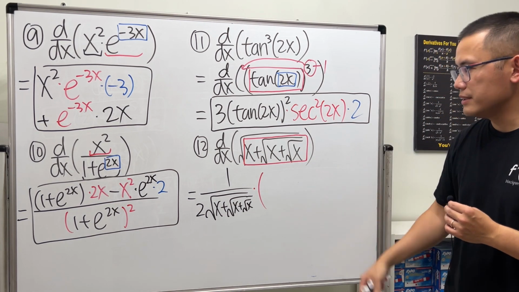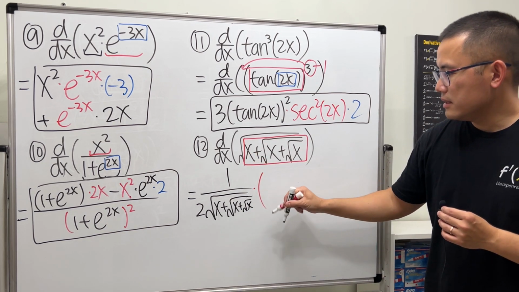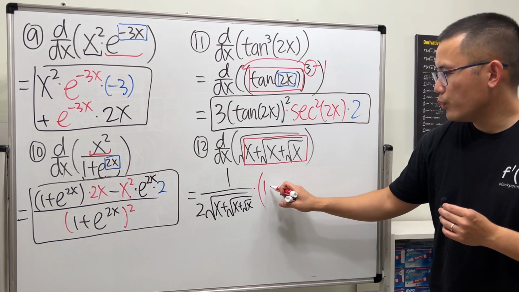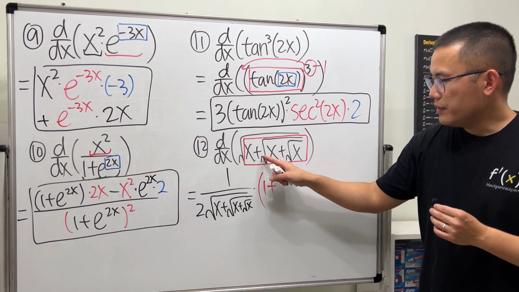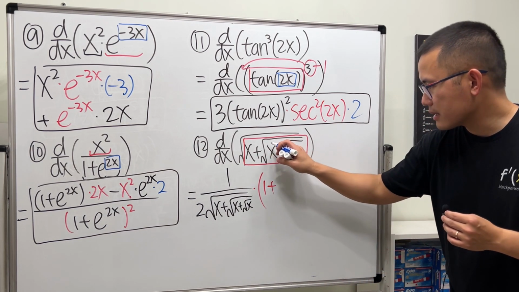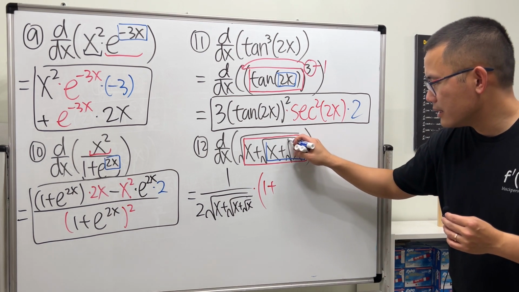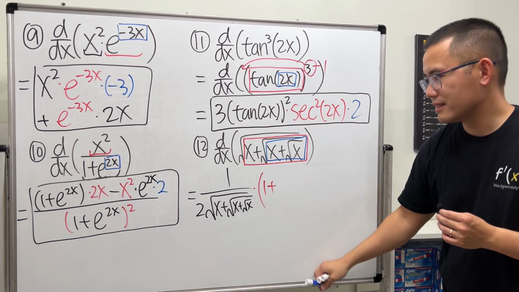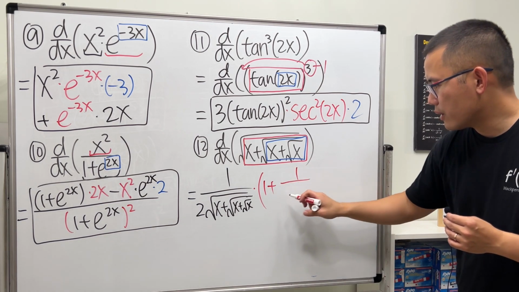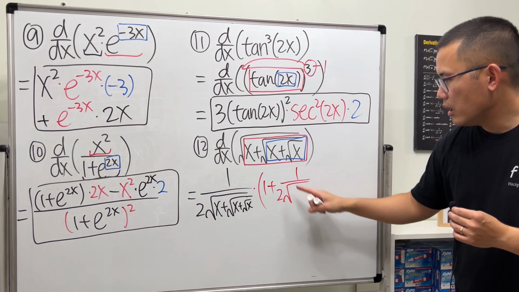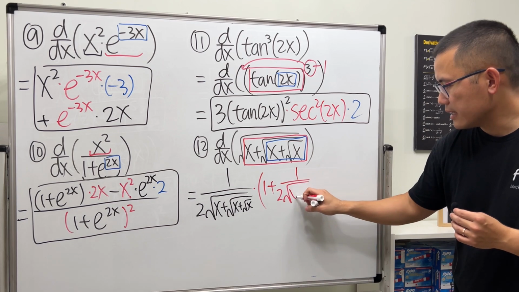Make sure we have a parentheses. Derivative of x is 1, and then we add the derivative of this thing. Derivative of square root of this box, right? Because this is square root of a box. The derivative of this square root gives us 1 over 2 square root of whatever the box is you put inside.